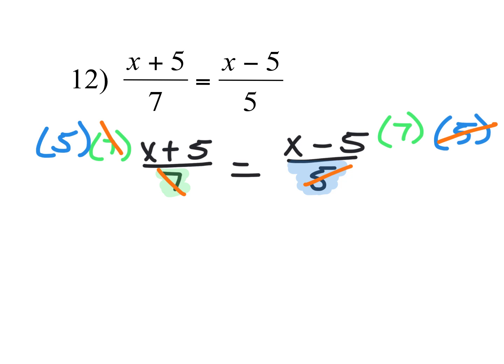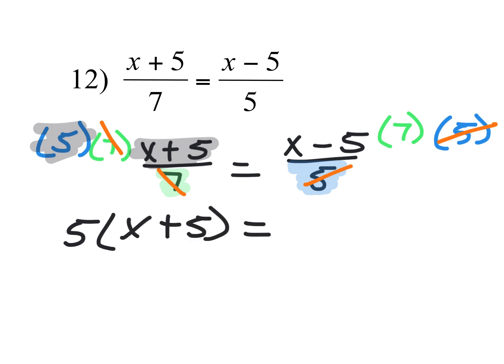So I'm going to bring down everything else that I have left. I've got the 5 and the x plus 5, so I'm going to do 5 and x plus 5. Again, I'm going to put it in parentheses just to remind myself that that 5 needs to be multiplied by both the x and the 5.